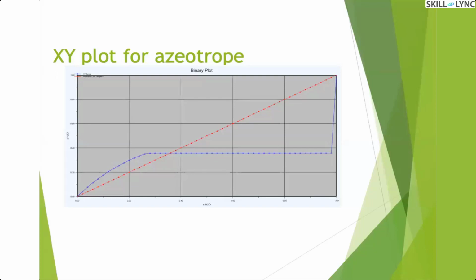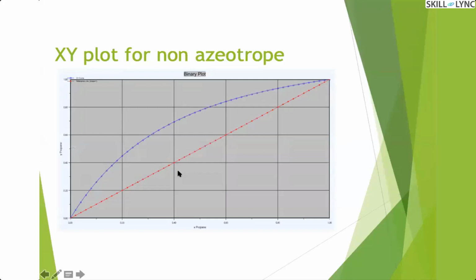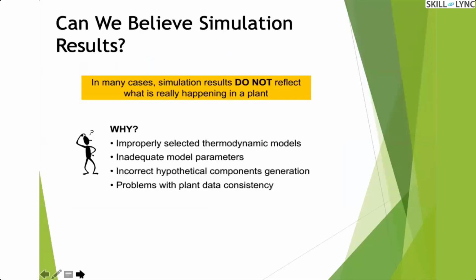Based on the light key component and heavy key component, it will specify the minimum number of stages required, and it will also give you an idea of reboiler duty and condenser duty required for that particular split. So that's with the TXY and PXY plot. And then next, let us move on.